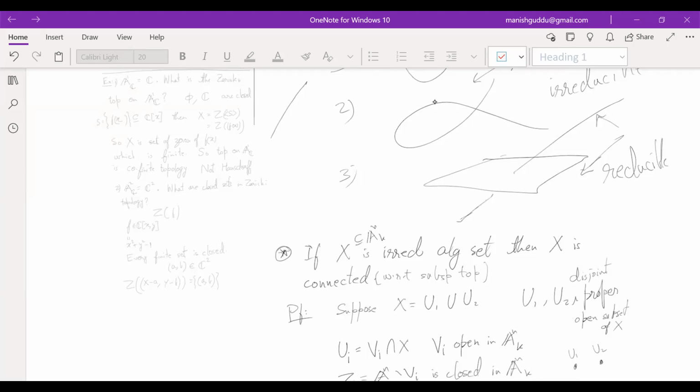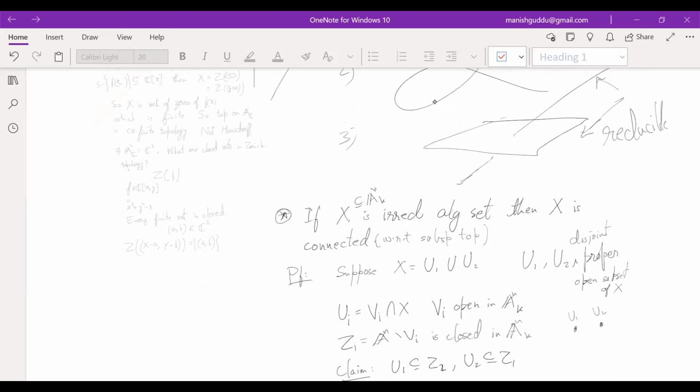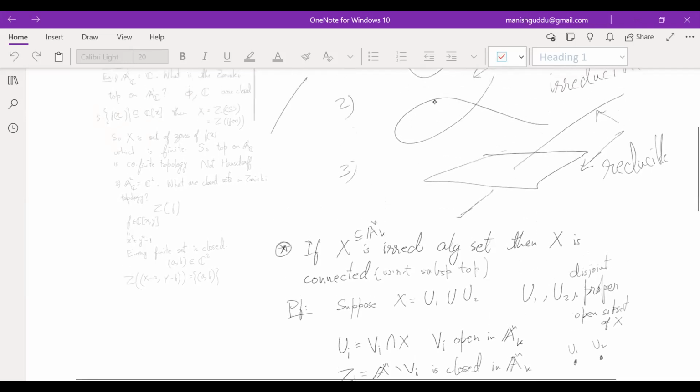It's a bit difficult. In the Zariski topology, you can't write it as a union of proper closed sets, meaning it is connected. Here it is connected in the classical topology as well.